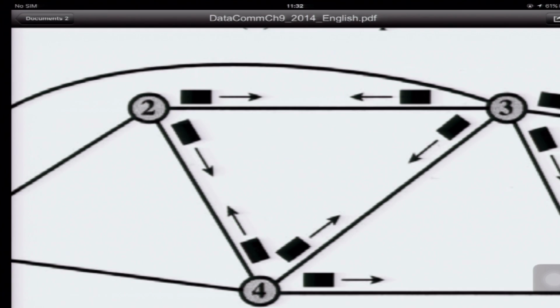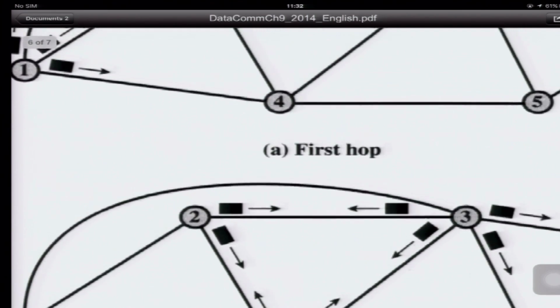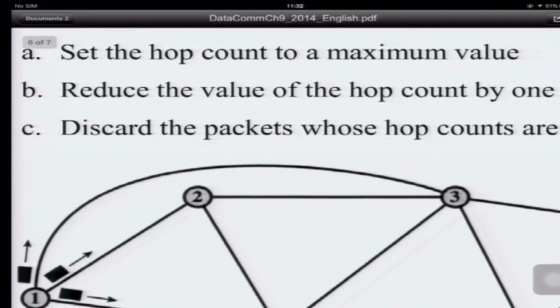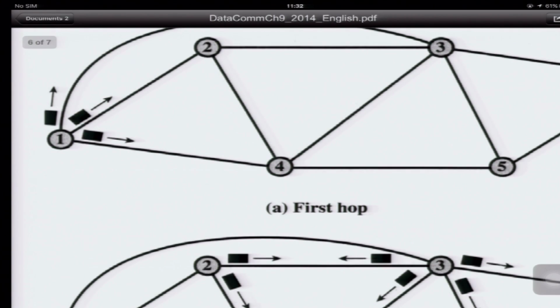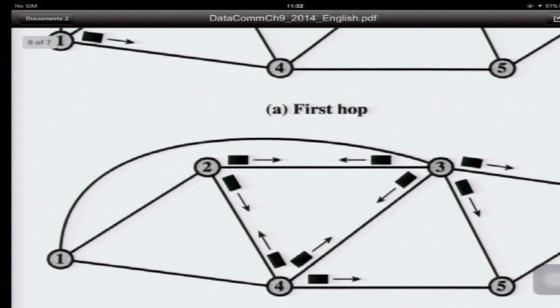So now it's the first time it's sent out. When number 2 receives this packet, it's like hop equal to 2. When it receives the packet from another hop, from 3, then the hop count equals 1.